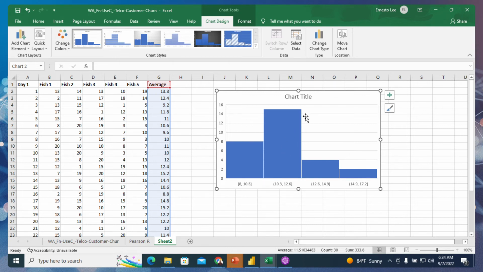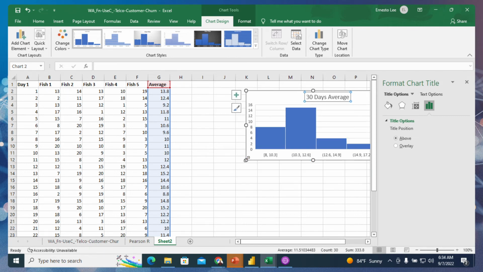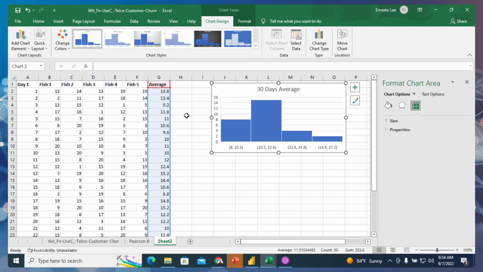And don't forget the big picture in this. The big picture is that all I'm doing is I am taking a sampling of the fish. Not all fish, just a sampling of the fish.